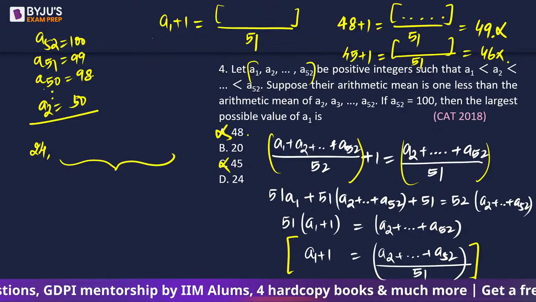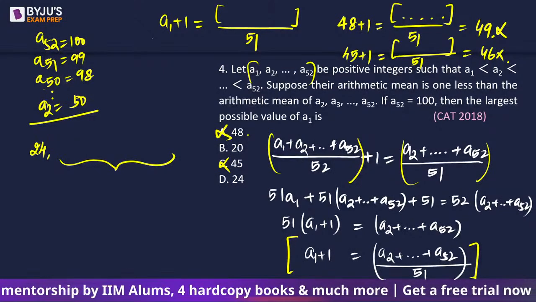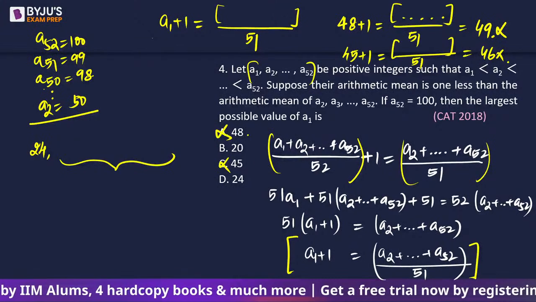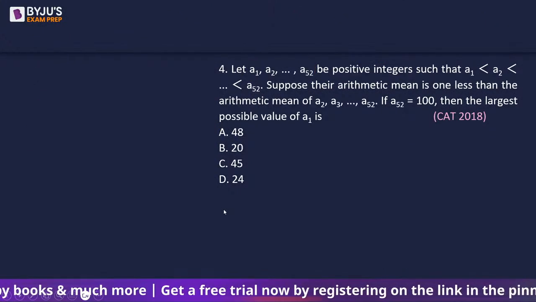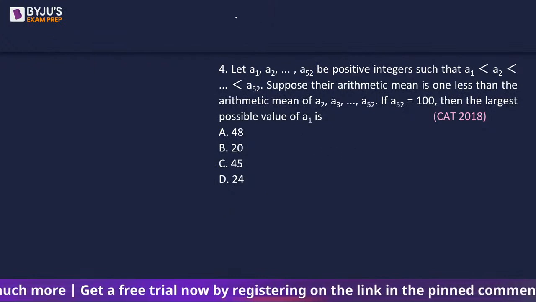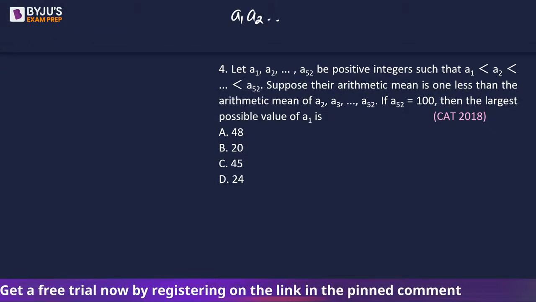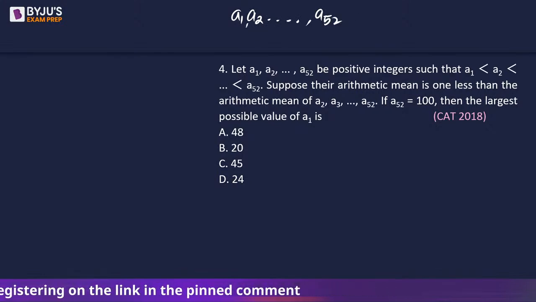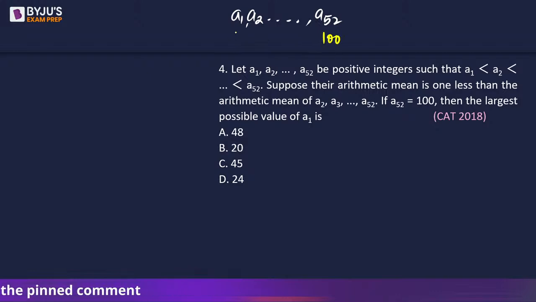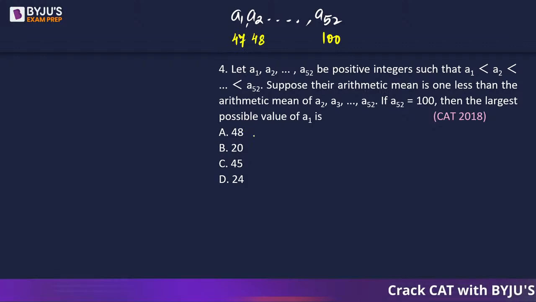If we have 52 numbers, right? एक बार फिर से मैं ट्राई करता हूँ स्टार्टिंग से. If I take A1, A2 and so on up to A52, and if we need to maximize A1 and A52 is given as 100, that would mean A1 is going to be 47. A2 is going to be 48.